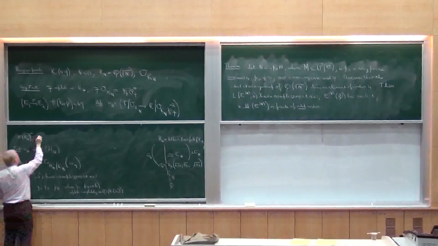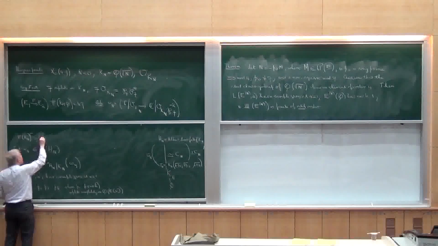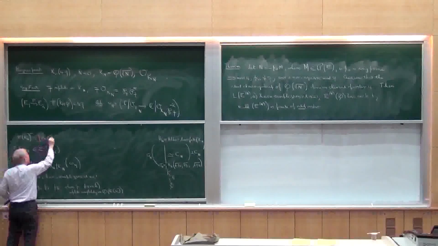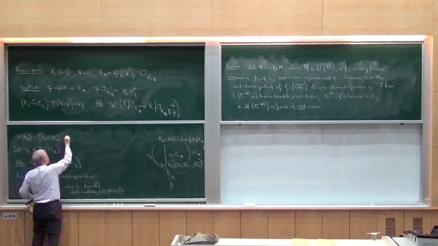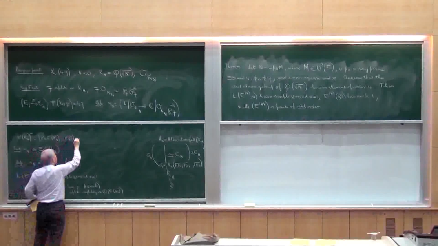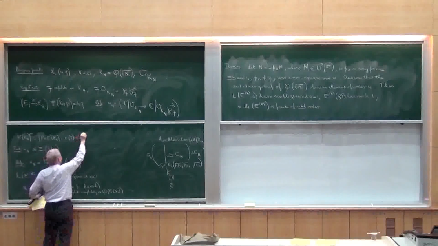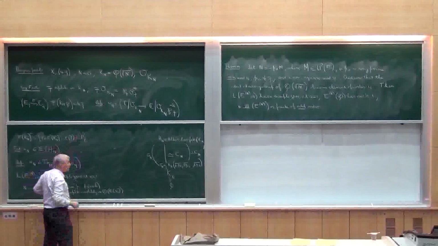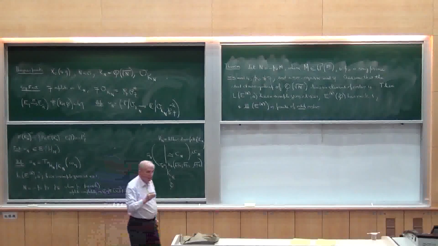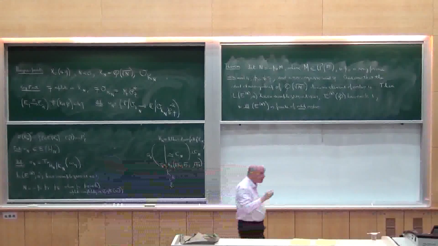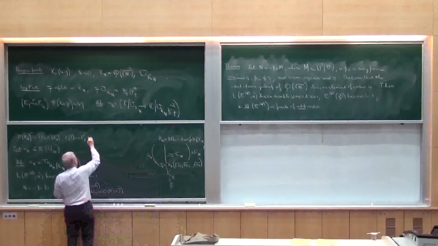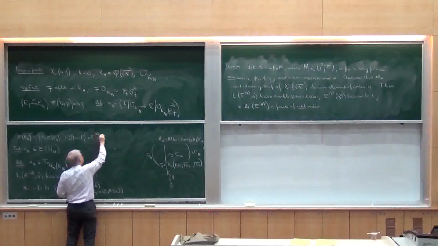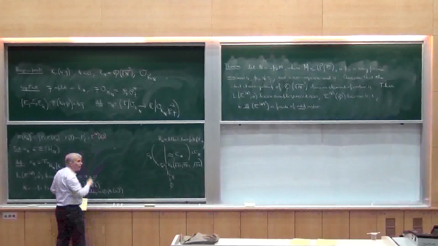By definition, this is the set of all points P in E(Kn) such that tau of P is minus P, where tau is the non-trivial element of the Galois group of Kn over Q. So in fact, you can identify these points with E_n(Q), and that's where we want eventually to construct it.